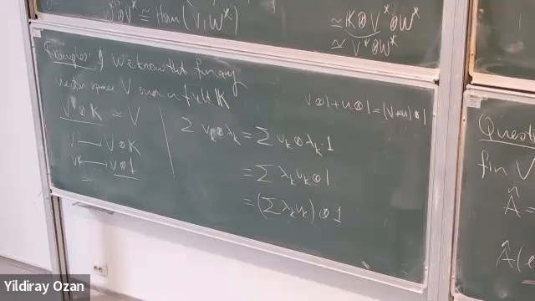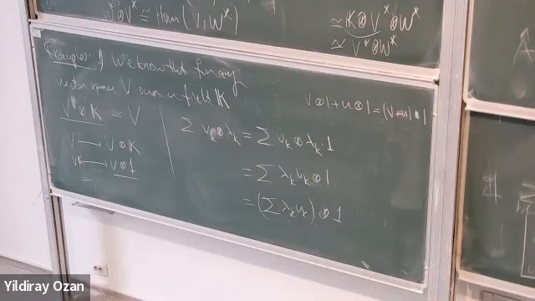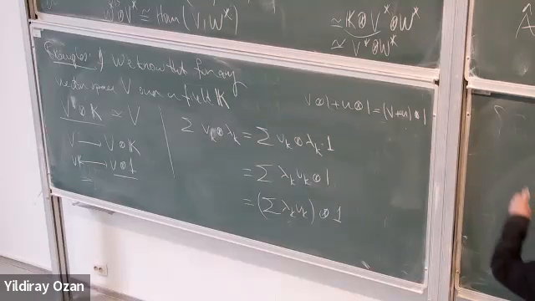Therefore, this map is the identity map. Peki şimdi şöyle bir tanım var.